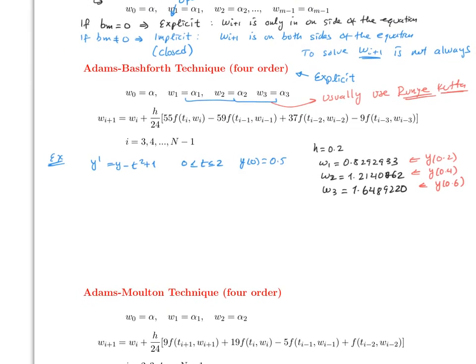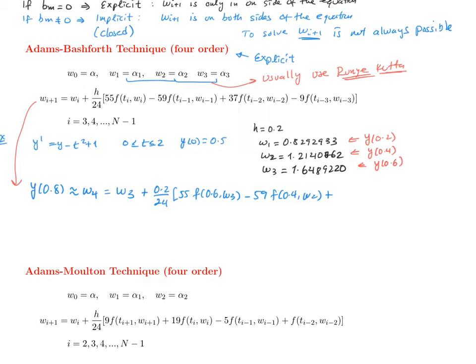Therefore, if we want to use this method to approximate, let's say, y of 0.8, which is approximately equal to w4, this should be equal to w3 plus 0.2 over 24, that will be 55 f of 0.6, w3, minus 59 f of 0.4, w2, plus 37 f of 0.2, w1, and then finally minus 9 f of 0, w0.